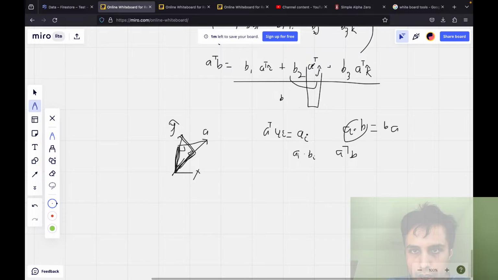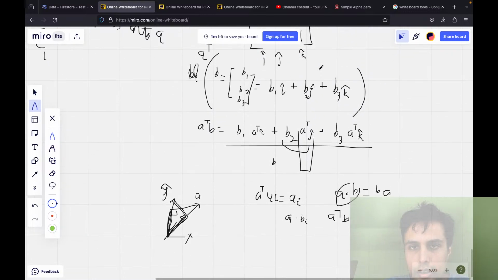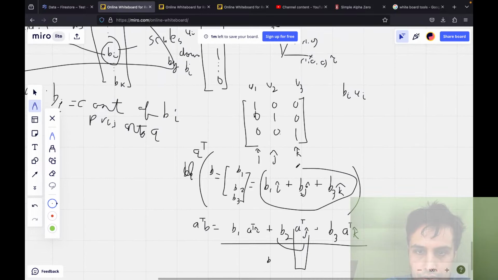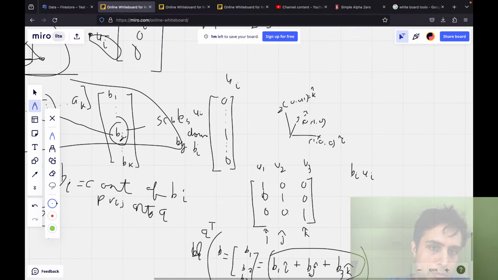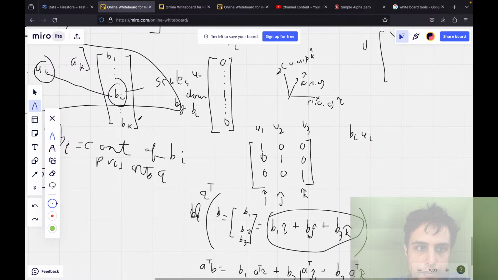Also, a dot j, you can look at this definition right here. Any vector has a bunch of entries, and those entries are the projections onto the coordinate axes, how far along the specific dimension you have to go.